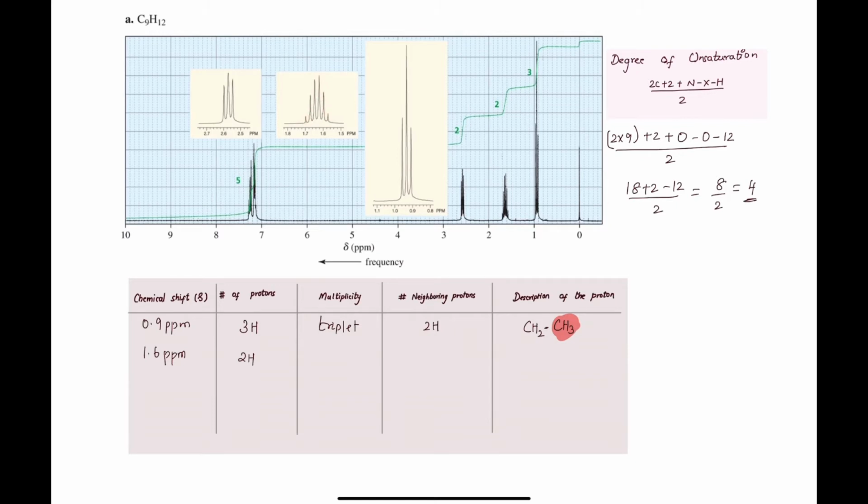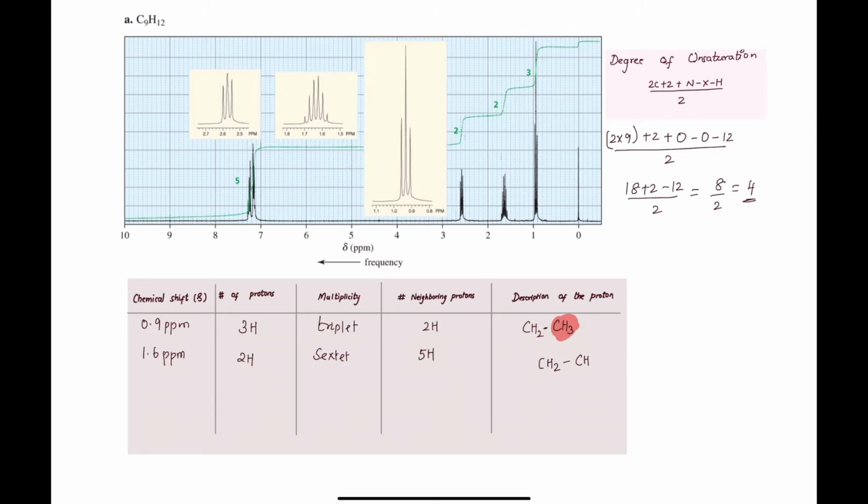The multiplicity is a sextet, which tells us there are 5 neighboring protons. If a CH2 is in between a CH3 and a CH2, that accounts for 5 protons. So here is my CH2.